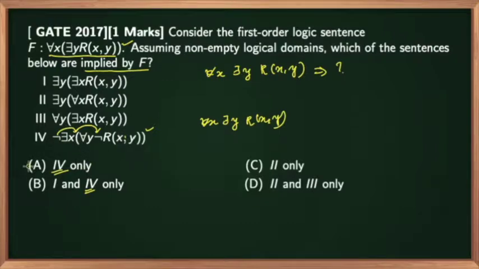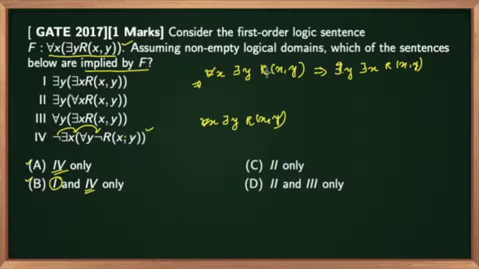So 4 is true, so the answer should be A or B, right? Now I have to see whether the first one is valid. So it says for all x there exists a y R of x y implies there exists a y there exists an x R of x comma y, right? Definitely this should be true.